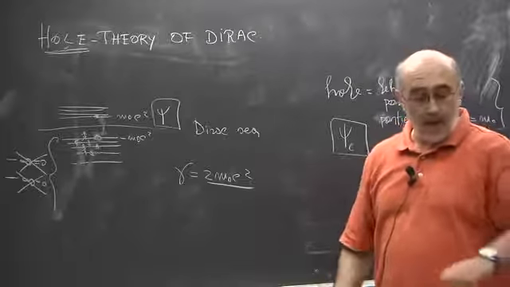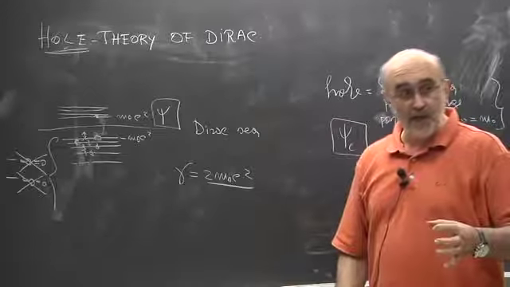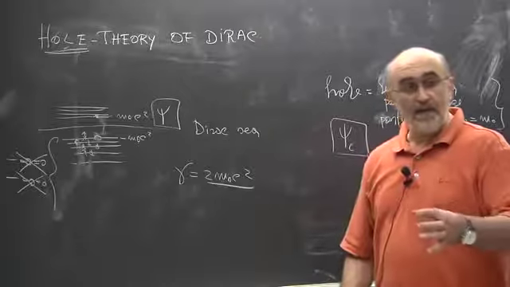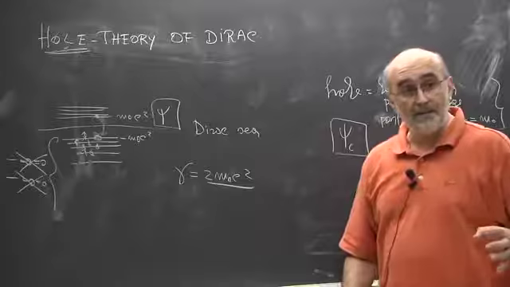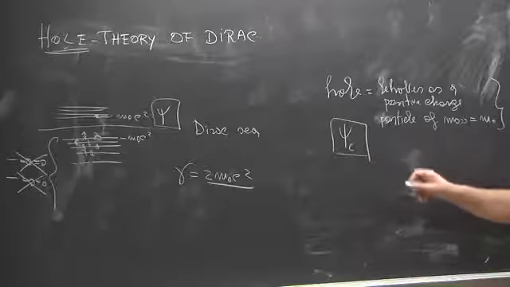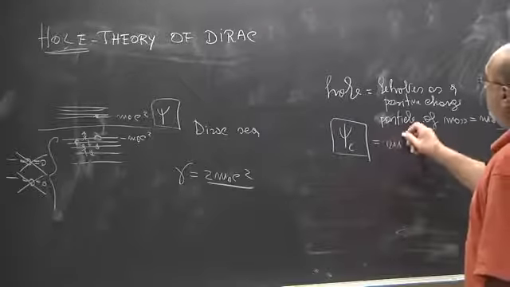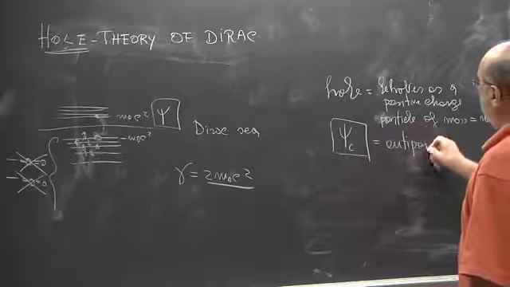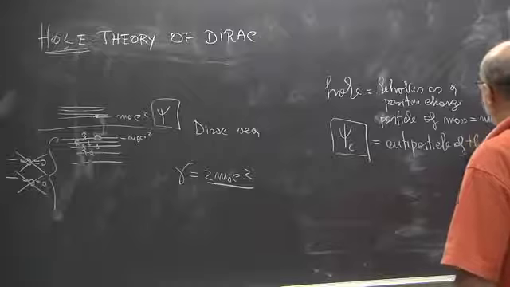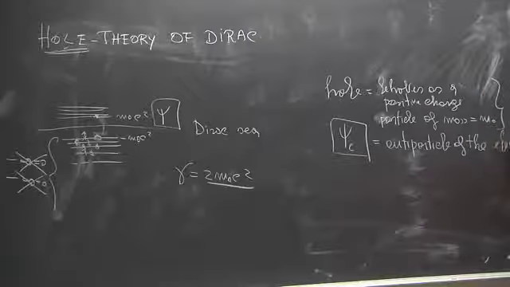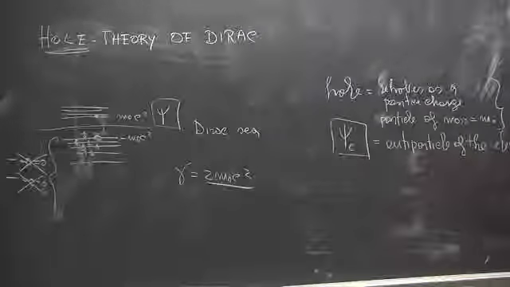Okay, so the hole that is left behaves as a positive charge particle with a charge equal and opposite to the one of the electron, and at the same time with positive energy. Okay, so this quantity is called the antiparticle of the electron. So the antiparticle of the electron is what Dirac called hole theory.